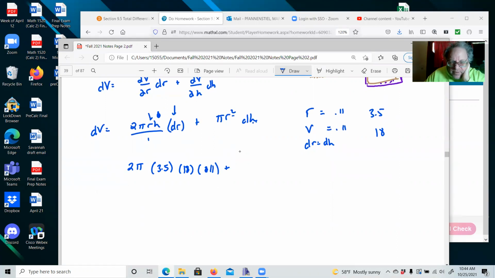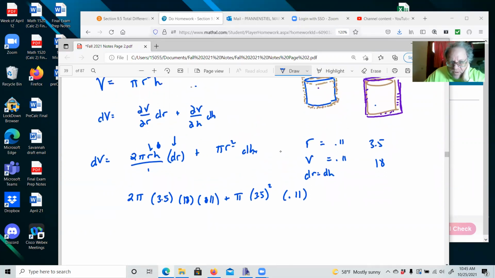Okay, and then we have pi times 3.5 squared times dh, which was 0.11. I think because the can wraps around itself, we've got a 0.11 here and a 0.11 there. So I think this is actually going to be 0.22, but we'll see in a moment.